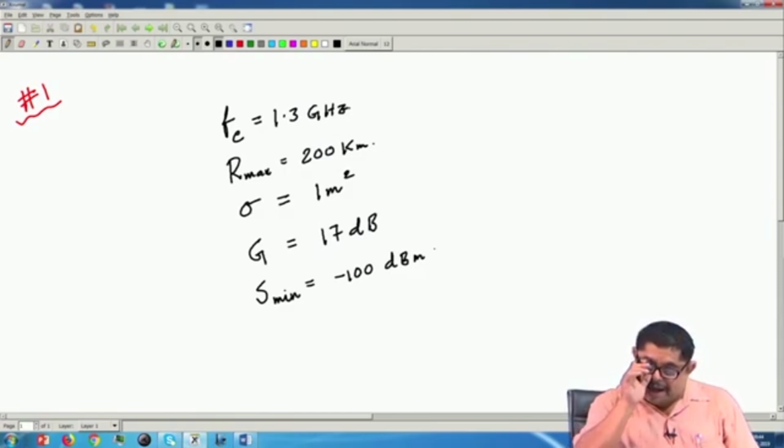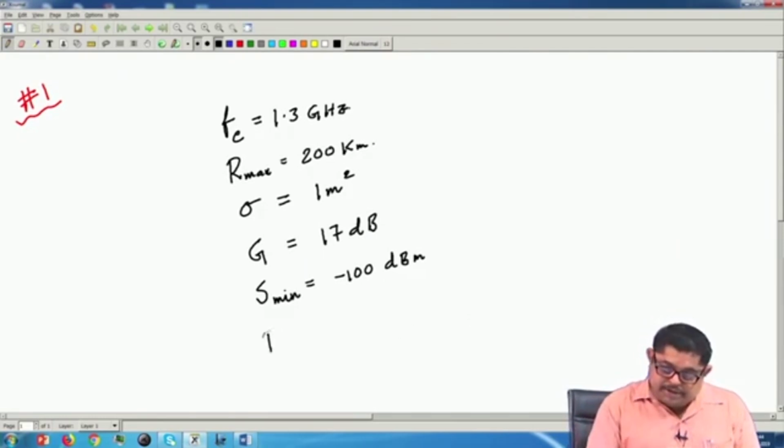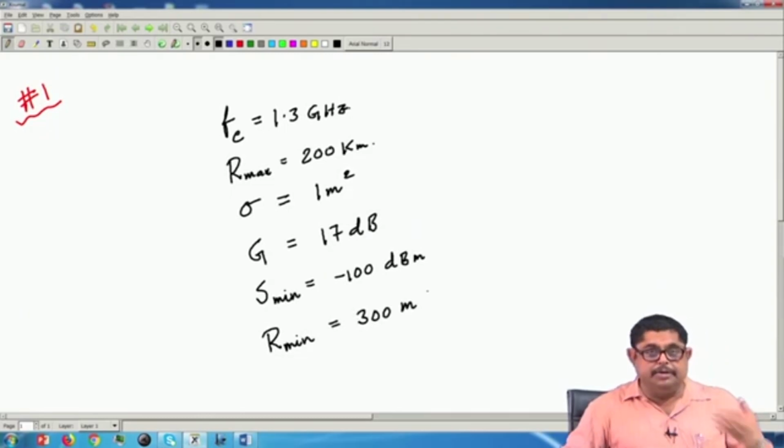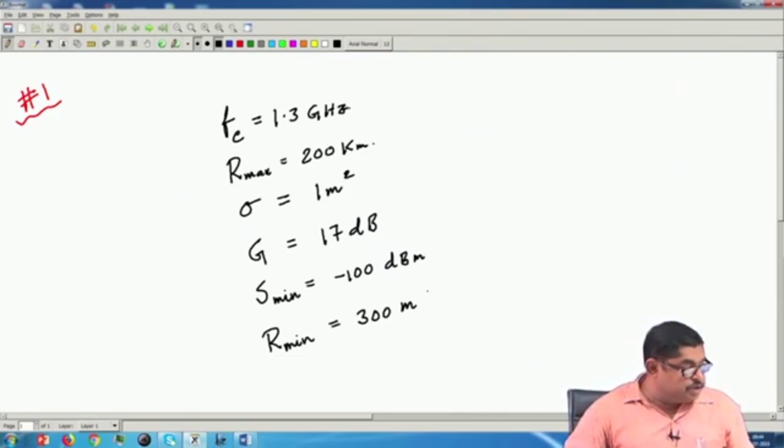So, accordingly you can calculate minus 100 dBm. The minimum detection range, that means R min, also needs to be 300 meters. That means at least 300 meter beyond it should be able to see.